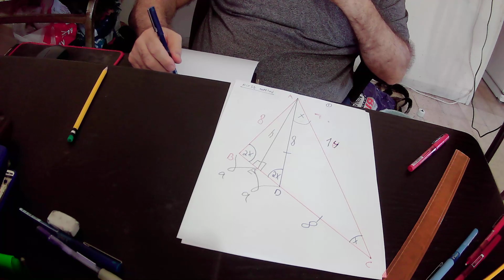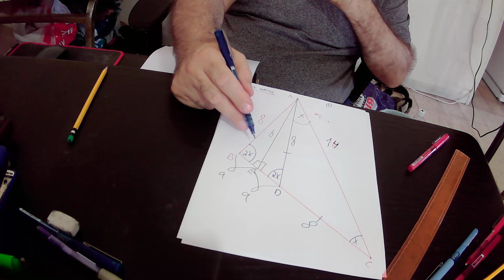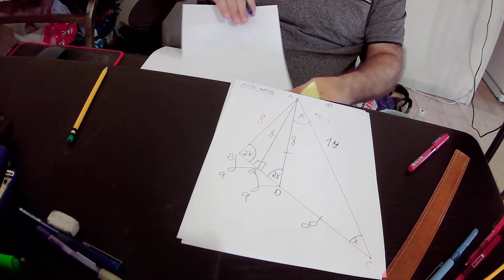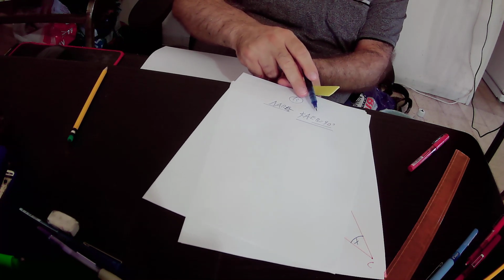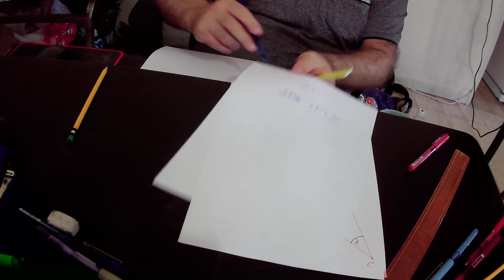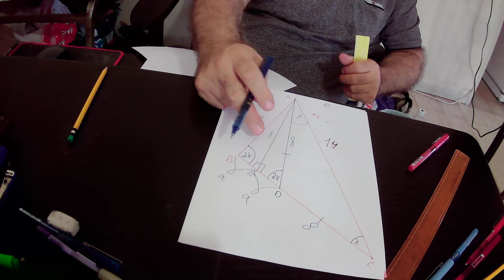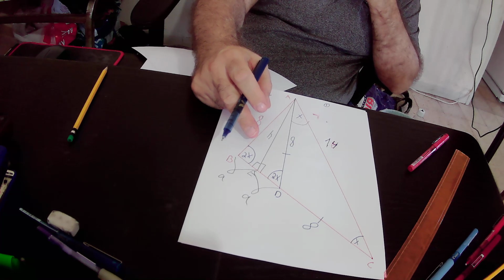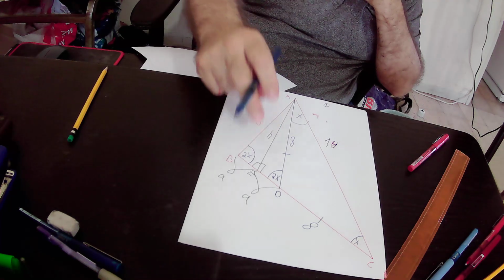Again, triangle ABE is a right triangle because it has one angle that equals 90 degrees. Therefore, we can implement the Pythagorean theorem in the right triangle ABE. According to the Pythagorean theorem, the square of the hypotenuse equals the sum of the squares of the perpendiculars.